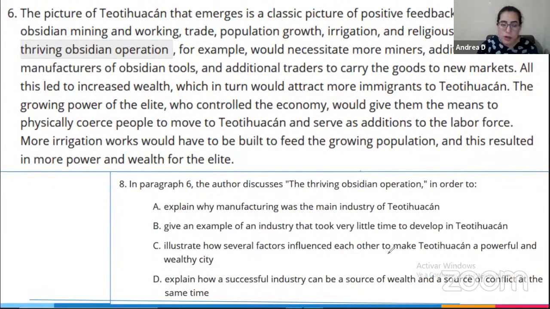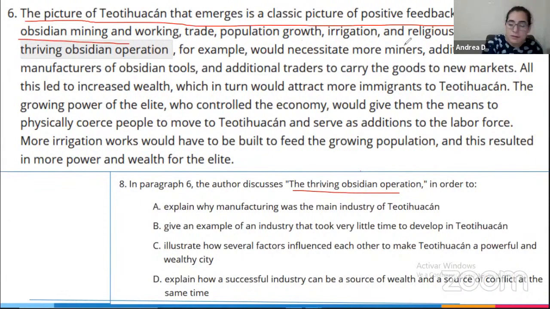One thing you can do to approach this question, especially when they're asking about the purpose of a word, a sentence, a phrase, or in this case, the purpose of a certain discussion. Remember I said last class, in order to know what the main idea of one paragraph is, if you want to save time, you can just read the first sentence, right? Remember that? So this actually works pretty fine.